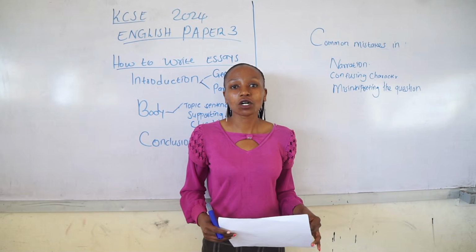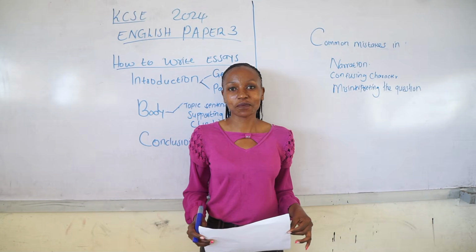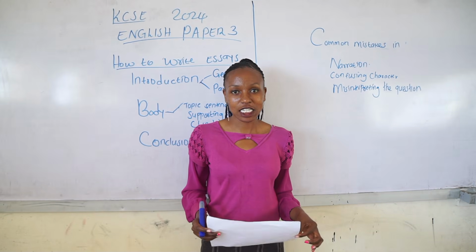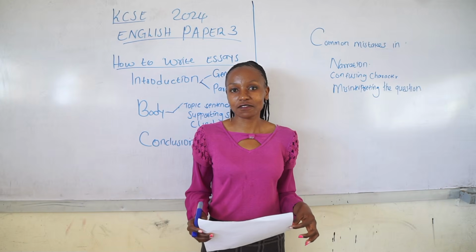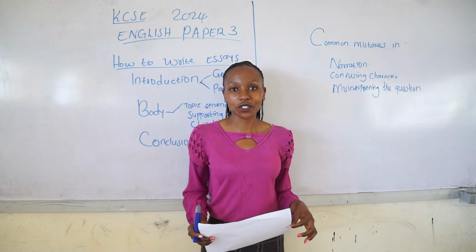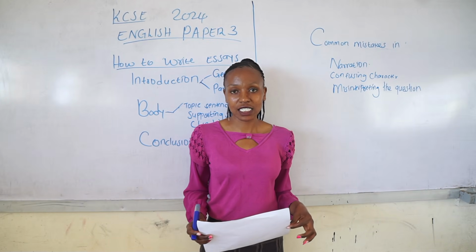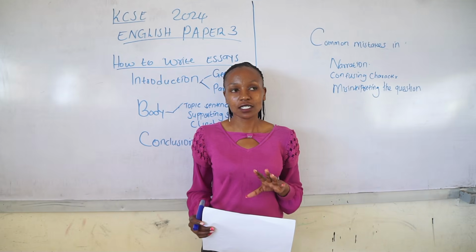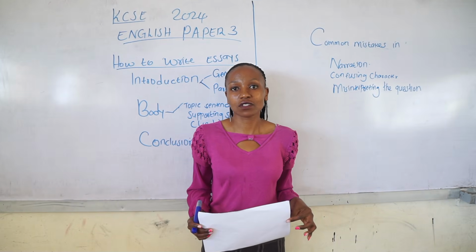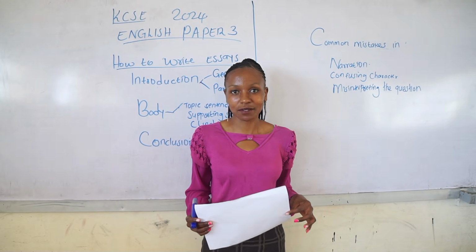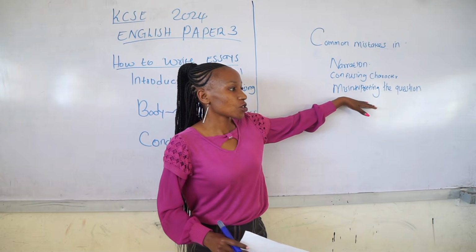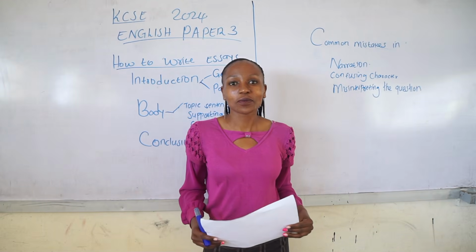For example, Nicole being firm, you're supposed to use the various instances that show that Nicole is firm. But for corruption, you can include the leaders or several characters from the book that bring out that thing. So that is what you're supposed to do at this point.